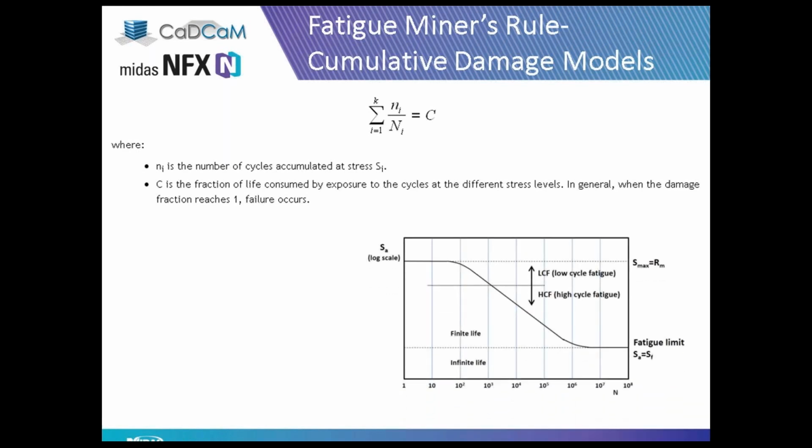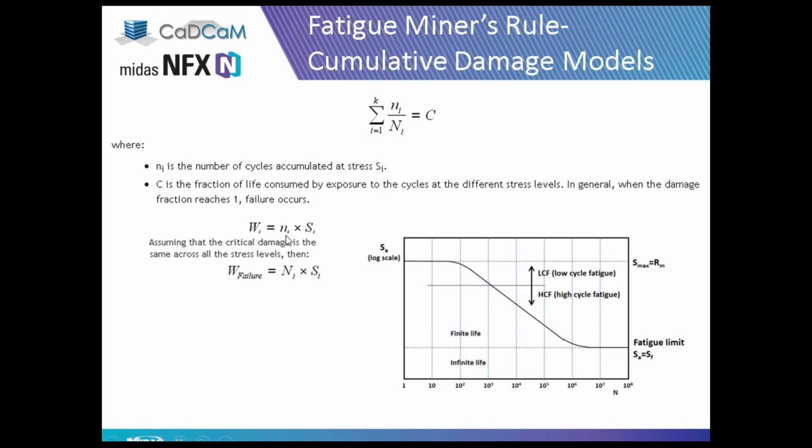So this is the SN curve. The SN curve presents stress on the vertical axis. The horizontal axis is the number of cycles, and this is actually a logarithmic curve. And of course, Miner's rule can be calculated in several ways.